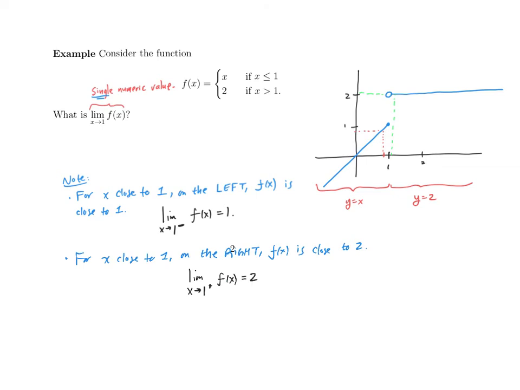So in this case, we cannot make the values of f of x close to a single value of L. So for x close to 1, with no restriction on the sides, we cannot make f of x close to a single value.